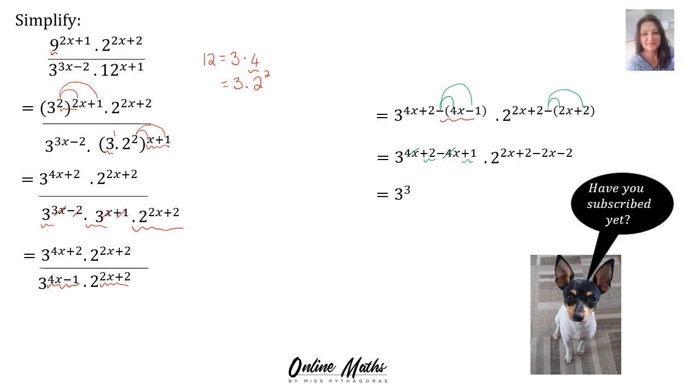Therefore we end with 3 to the 3. And then in terms of 2, there's 2x minus 2x is nothing, and 2 minus 2 is 0. But it's very important that you write it as 2 to the 0. And then in the next step, 3 cubed is 27, and anything to the 0 is 1. Therefore 2 to the 0 is 1, and your final answer is 27.